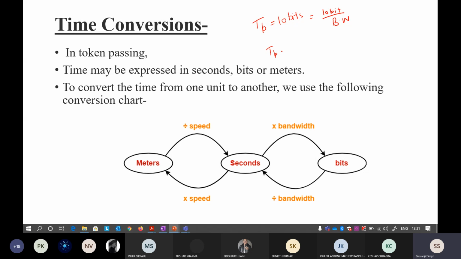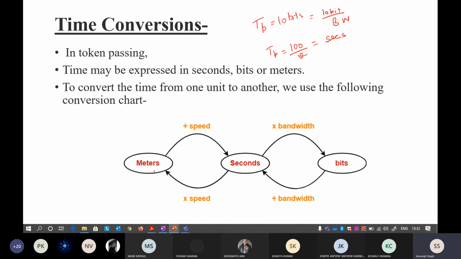Sometimes the TP is given as 100 meters. Because 100 meters is the distance, you can divide it by the velocity or the speed to get the time in seconds. So the time conversions are as follows.